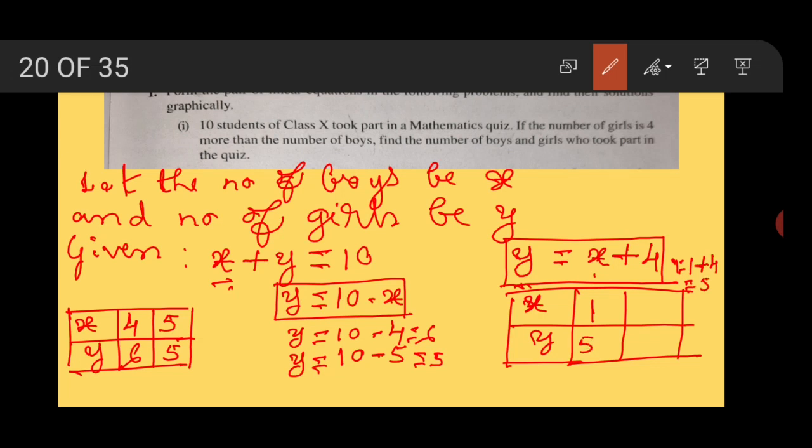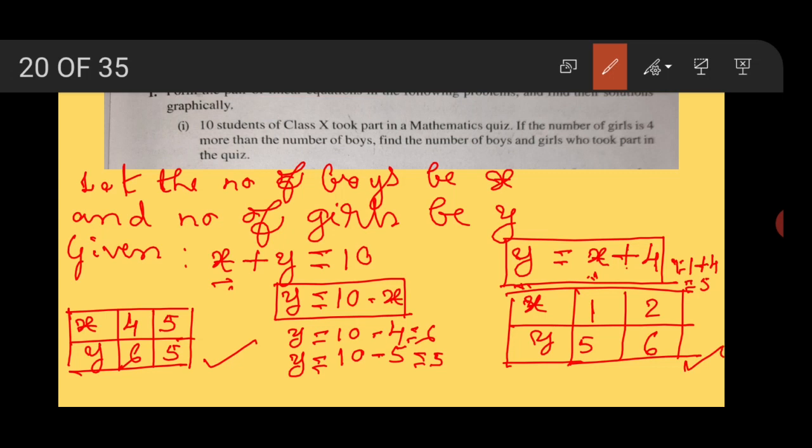Again, if the value of x is equal to 2, what happens? y is equal to x plus 4, 2 plus 4 is equal to 6. So using these two value tables, plot the graph.